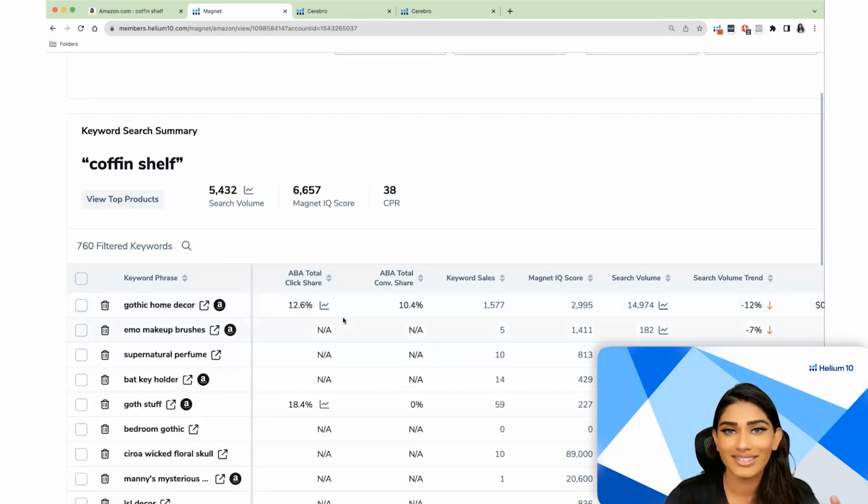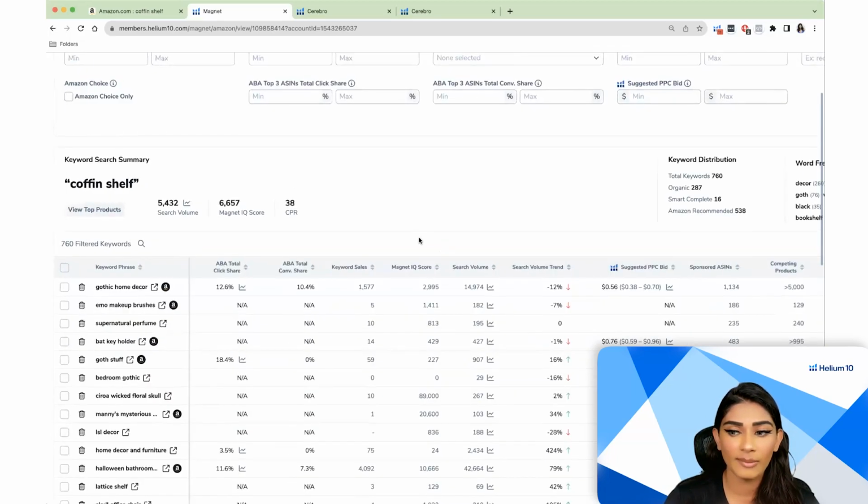And why is that important? Well, it's going to help you understand how easy or difficult it is to rank for something. And so when you are using Magnet, maybe you're using it in product research. Maybe you're using it in trying to validate that product idea. Well, you can go in, take a look at title density, and get a feel for, well, how much effort am I really going to have to give, or how much money or how much capital, right, you will need to put into your PPC to actually rank for your keywords.